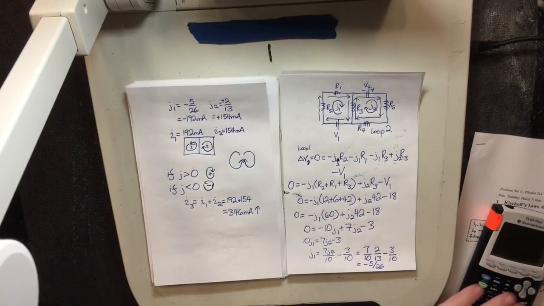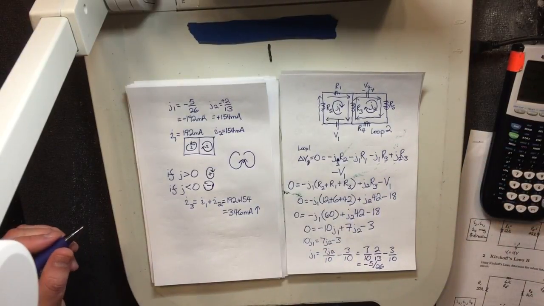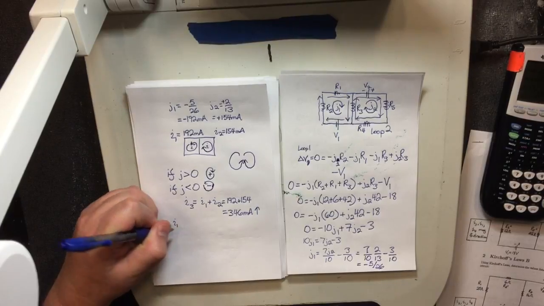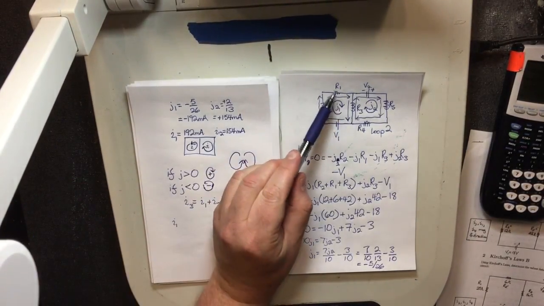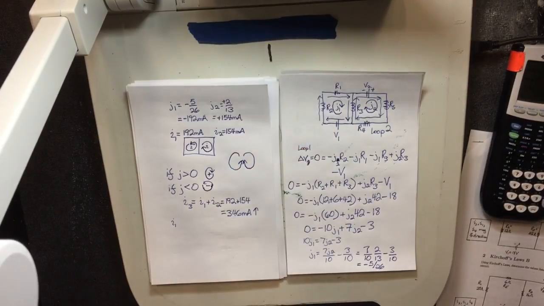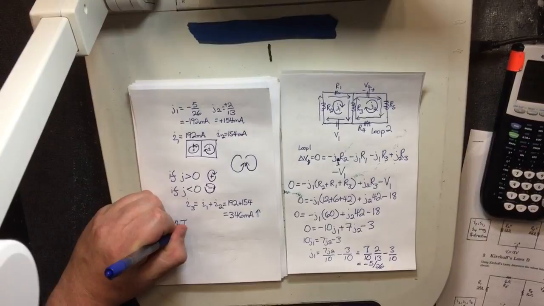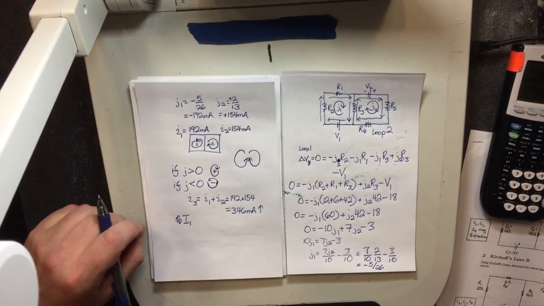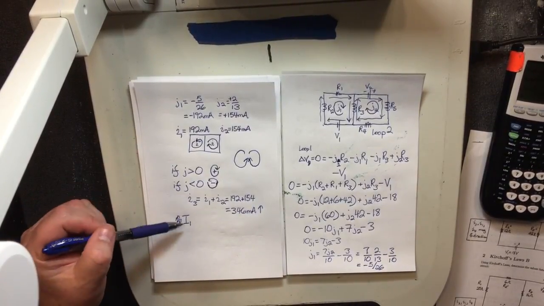For the other currents, I1 and I4. Now I1, the way that I'm saying I1 in this particular case is that I1 is the current going through R1. Really, I should have written it as those dreaded capital I's, but I know what you're talking about. I got to remember to tell the graders how to grade this.